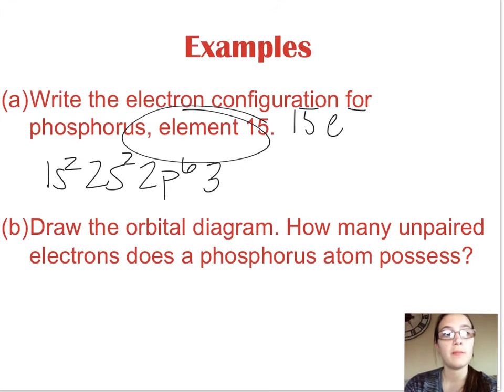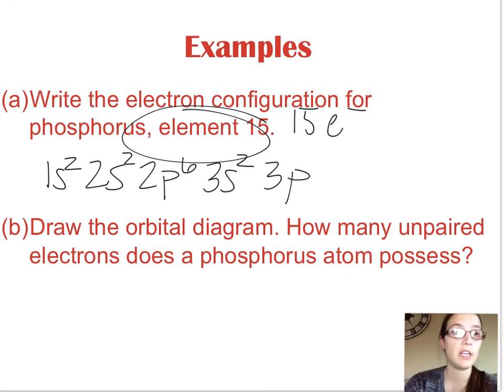Then we come down to 3s. We haven't hit phosphorus yet. Now we have to count in how many elements phosphorus is in that 3p block. If we count in, we have 1, 2, 3 elements in.